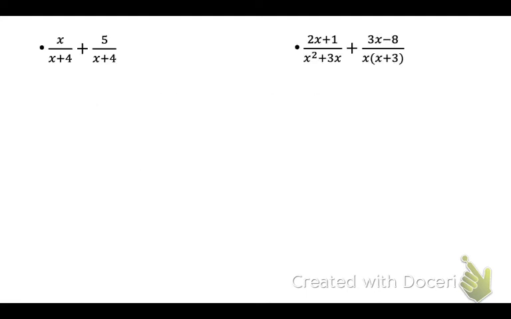So I have x over x plus 4 plus 5 over x plus 4. Again, the first thing we are always going to do is factor if possible, reduce if possible, because if we are multiplying by smaller things, it will be easier, correct?